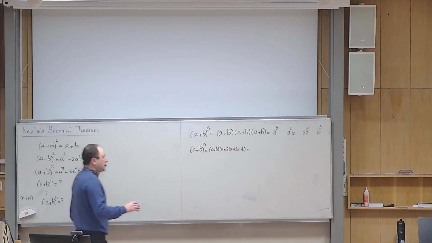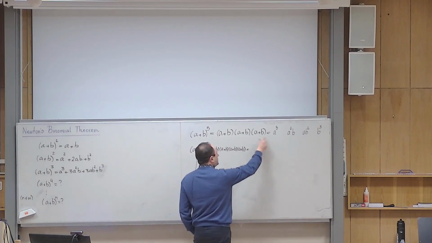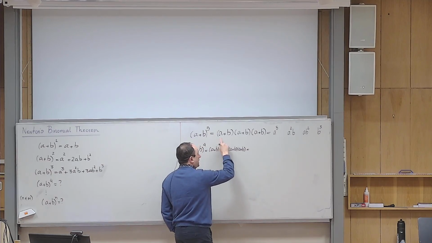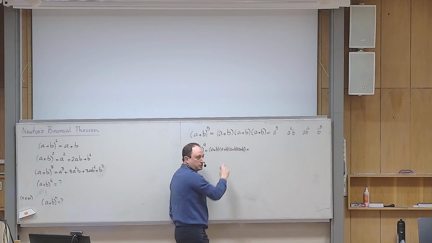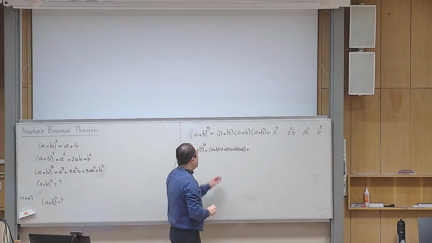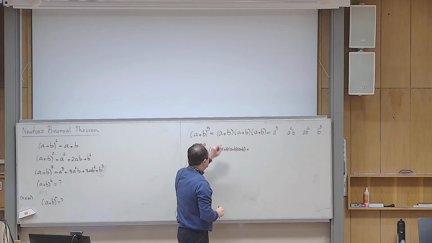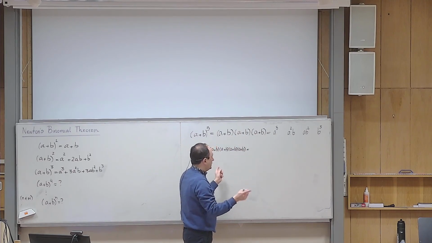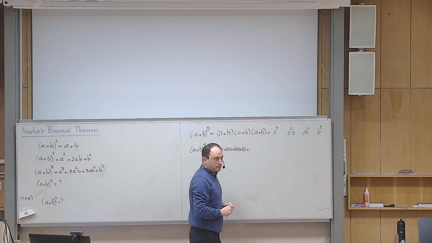So for example, when you want to multiply 3 binomials, you need to choose one of the terms from each pair of brackets, yes? So for example, if I choose a from the first one, a from the second one, and a from the third one, and multiply them, definitely I get a cubed, yes?